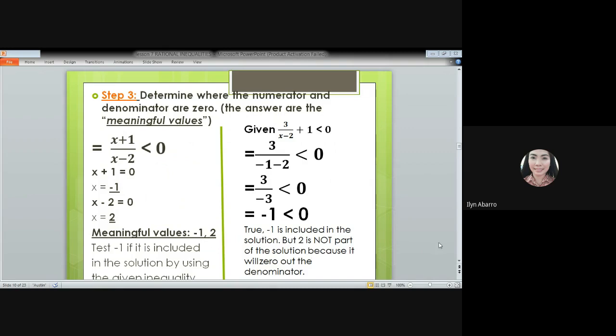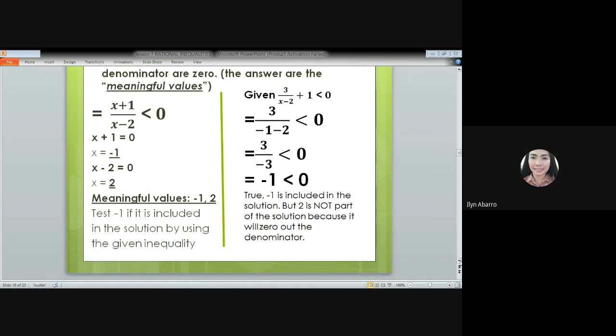But then we have to test if these meaningful values are included in the solution. Okay, so by substituting the negative 1 into the given. So here is our original given. 3 over x minus 2 plus 1 is less than 0. So in place of x, we're going to substitute negative 1. This is the only one with x. So that is 3 over negative 1 minus 2 is less than 0.